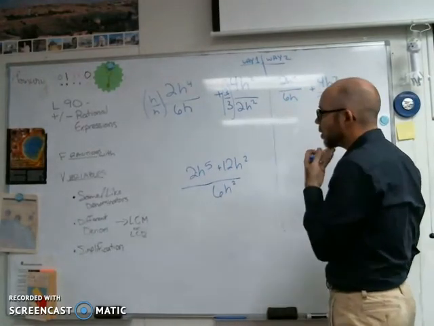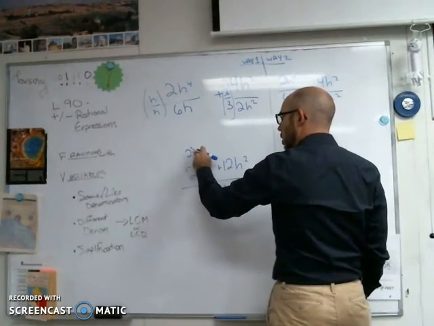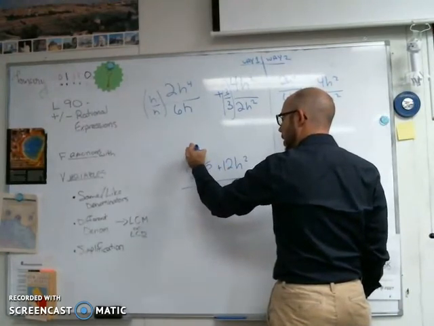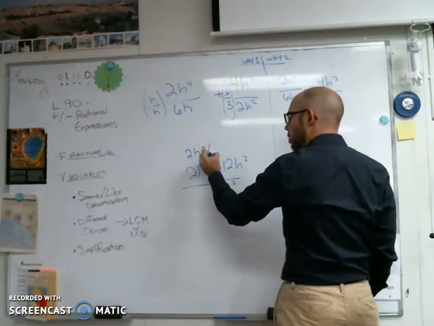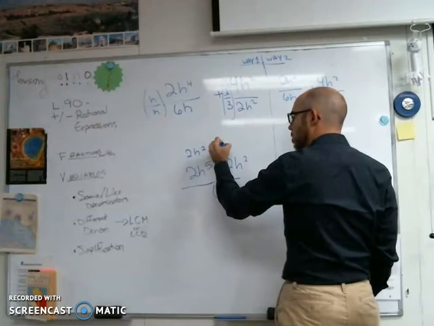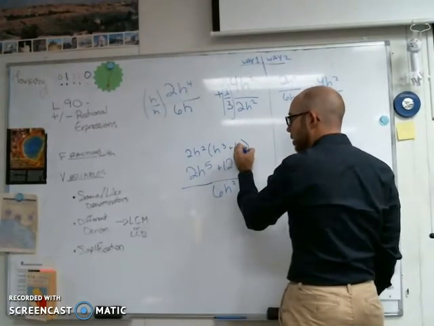Now these can all be reduced a little bit because the top, we can say there's a 2 and there's an h and there's 2 of those. So we can factor out that and be left with h cubed plus 6.